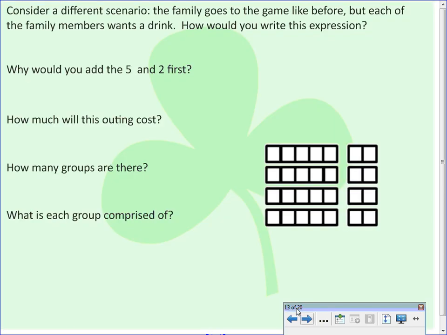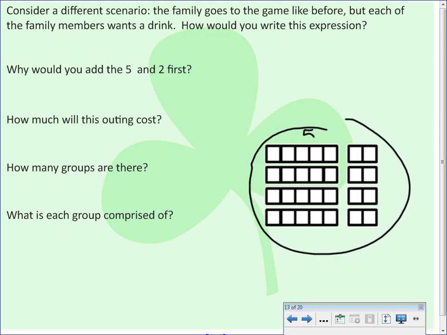So suppose they had to buy a $5 ticket and a $2 soda for each kid. Wouldn't I have to add them together first? My $5 ticket plus my $2 soda, and then multiply it by 4 to find out how much it's going to cost? So this time I have to do addition first.